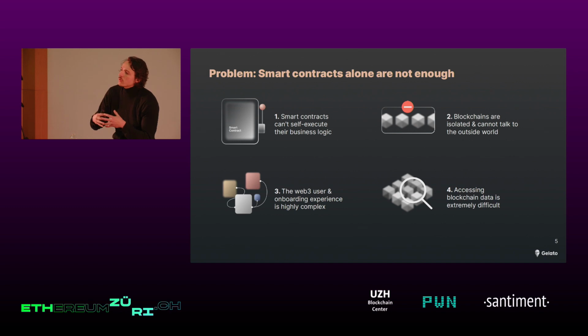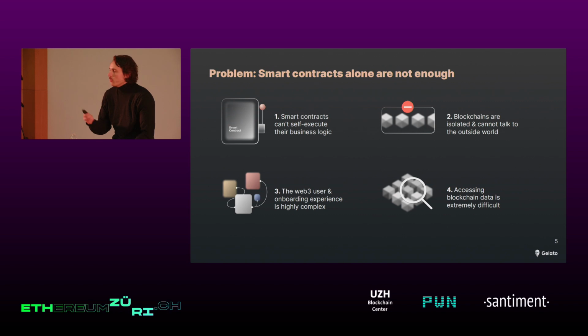They just store some business logic, some data, some state, but they don't really self-execute their business logic, or they don't have this notion of event-driven execution or recurring execution, cron jobs, these types of things. And so for a lot of use cases, you require an outside impulse to your smart contracts to move data from A to B, to change state, and to actually execute the business logic that you define within them. And this is quite interesting, because smart contracts are not that smart.